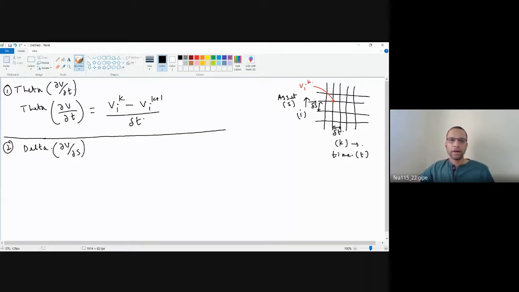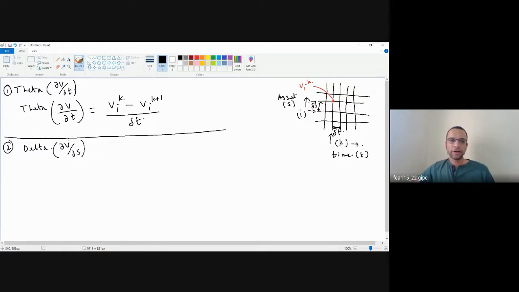Now, when I hold i constant, something like this theta, I'm staying on one particular asset step. I'm only moving along time when I do k and k plus 1. But when I do delta, I need to move along the asset. At the same time, I want to stay along one single time step. So my value of k should not get impacted, but value of i should get impacted. So does everyone agree with that? A logic very similar to what we have done for theta.